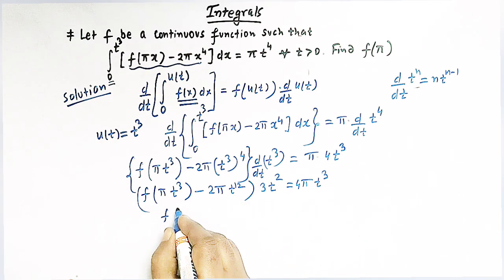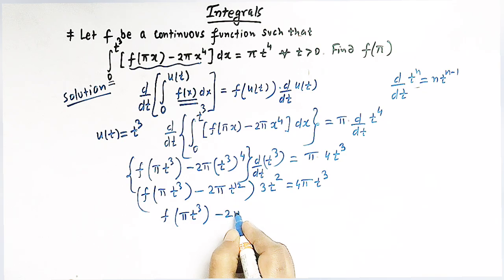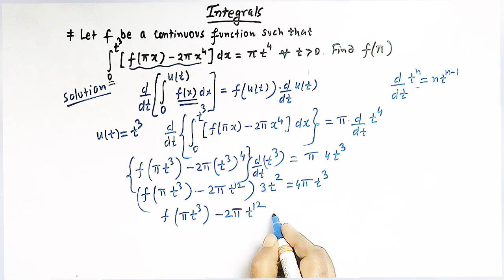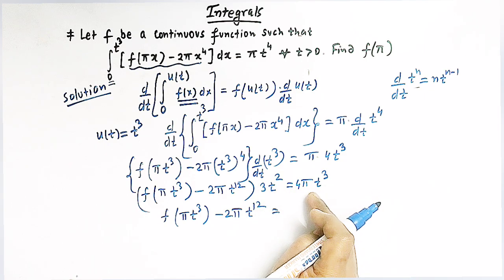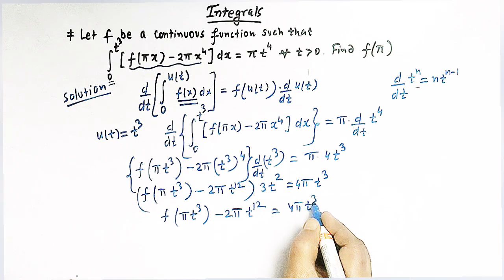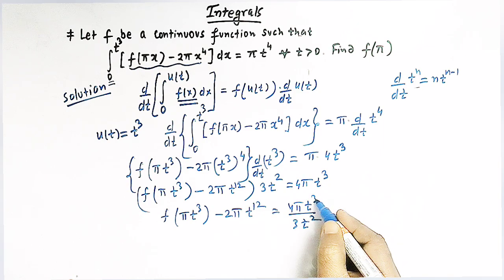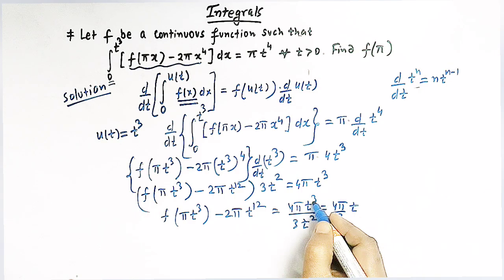So we have f of pi t cube, and then we have minus 2 pi t raised to 12, and taking 3t square in the denominator of 4 pi t cube, we have 4 pi t cube over 3t square. So now here we can easily cancel t square with this term, that is t cube, and we are left with 4 pi over 3 times t, right?